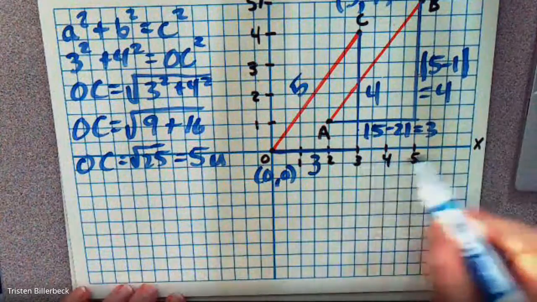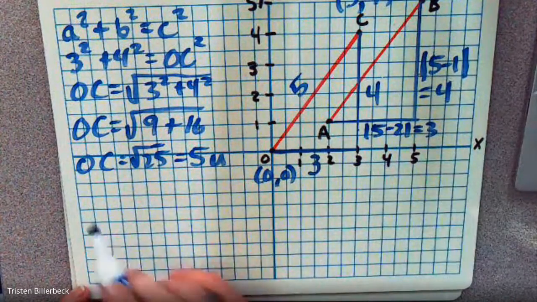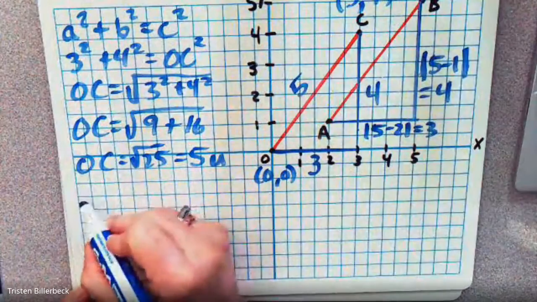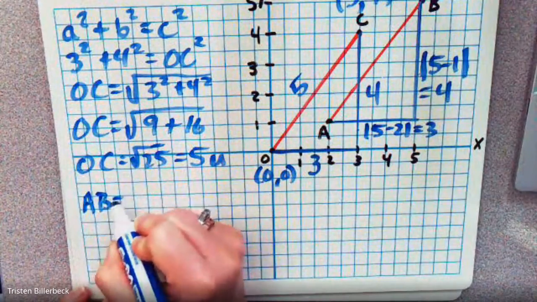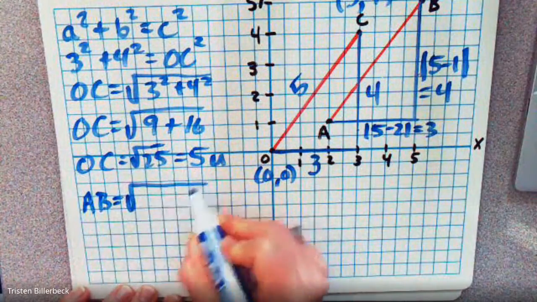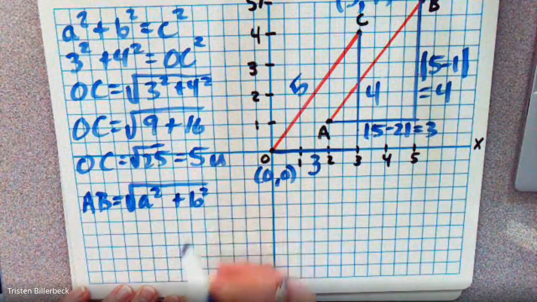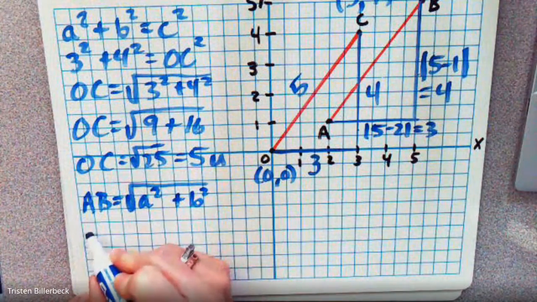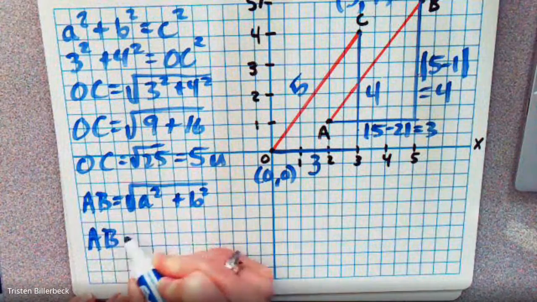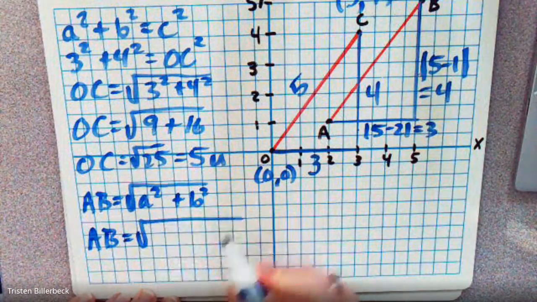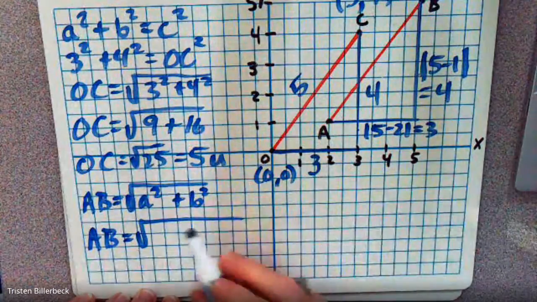Okay, so now we can do the Pythagorean theorem, but let's set it up like this, where AB equals the square root of A squared plus B squared. Okay, and then let's say instead of writing A, let's actually write those absolute values.